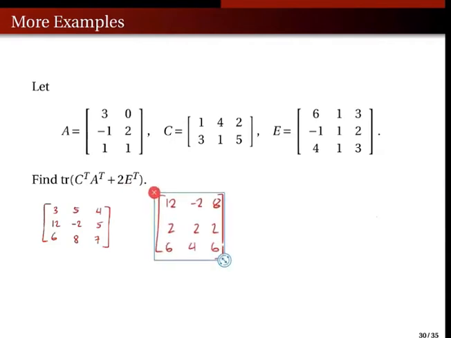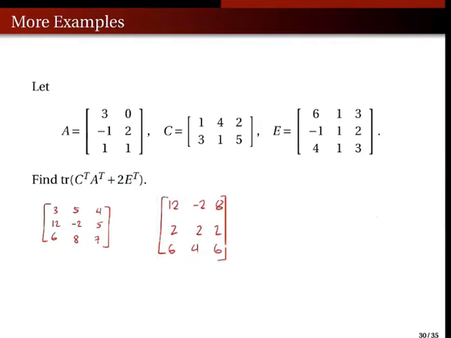Yeah, so you have the plus in here. So this is C transpose A transpose plus 2E transpose. So this is what you have in here.